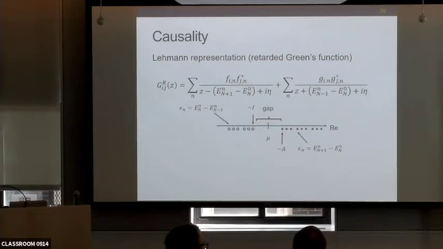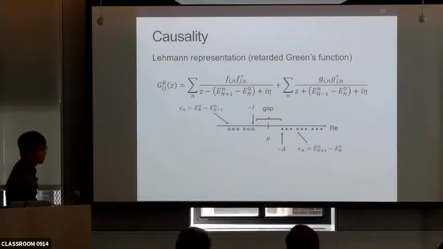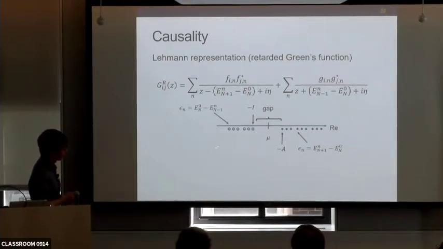So we can look at the Riemann representation, for example, for the retarded Green's function, where you have this plus i eta. Here it makes the poles of the Green's function be below the real axis, or to say that the function is analytic in the upper half of the complex plane.